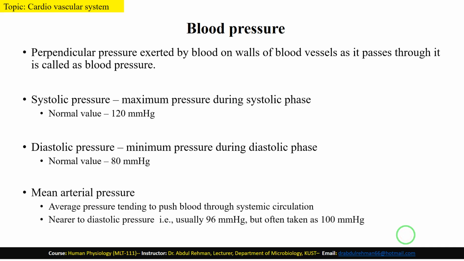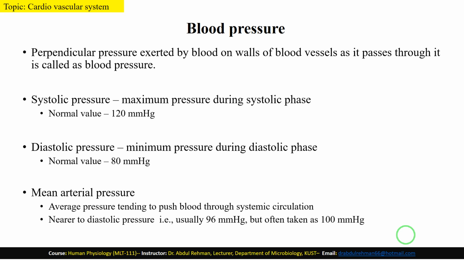And there is the mean arterial pressure, which is the average pressure tending to push blood through the systemic circulation, and its value lies near the diastolic pressure, that is 96 millimeters of Hg, but often it is taken as 100 mm Hg.